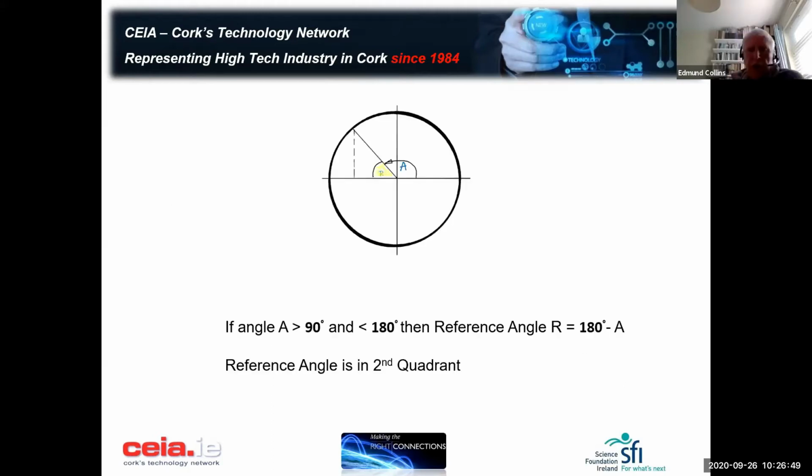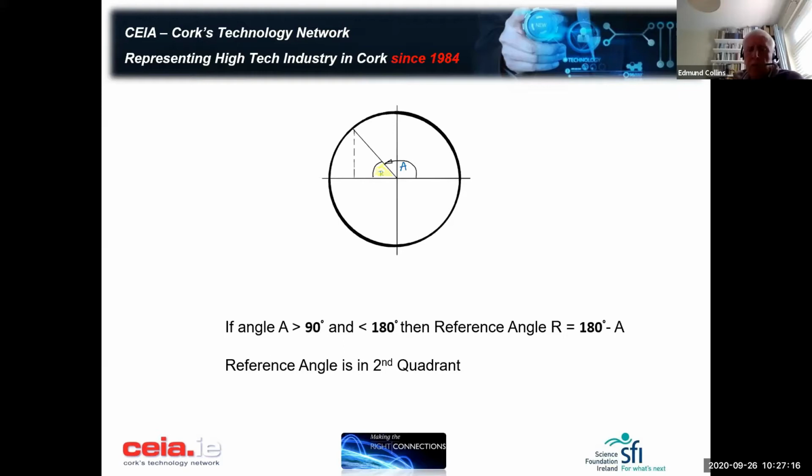However, if we have an angle that's greater than 90 degrees, less than 180 degrees, then in this case we trap the reference angle. So you see we've rotated the angle A from the first quadrant into the second quadrant. We've dropped a line from the circumference down to the x-axis, and we've trapped the reference angle.